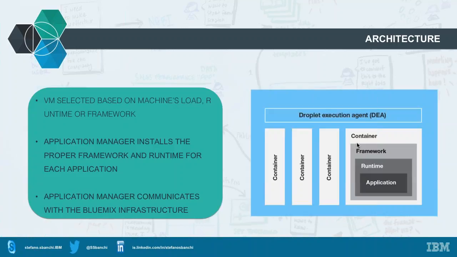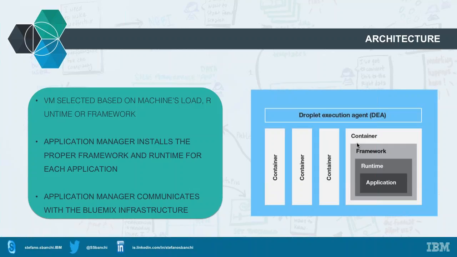So let's focus quickly on the Bluemix structure and architecture. The SoftLayer is based on virtualized hardware, or rather a virtual machine with a container, a Docker container, with a framework and a runtime. Then inside is installed your own application.